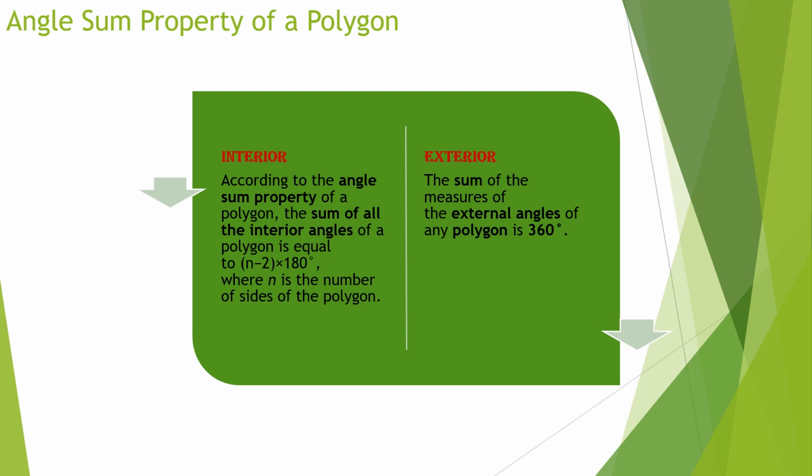So according to the angle sum property of a polygon, the sum of interior angles of the polygon is equal to n minus 2 times 180 degrees, where n is the number of sides of the polygon. And for the exterior angles also I have specified, the sum of measures of external angles of the polygon is always 360 degrees. Here we don't have any pattern. Every time it is 360 degrees.